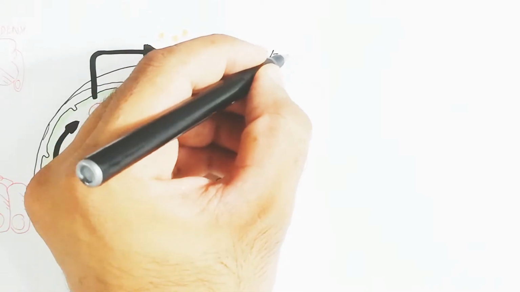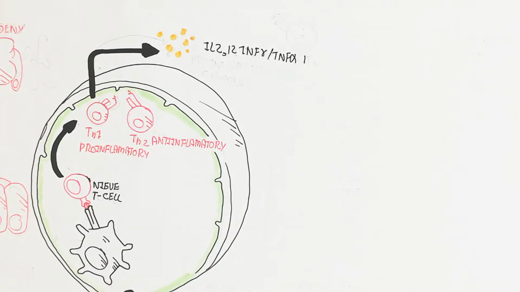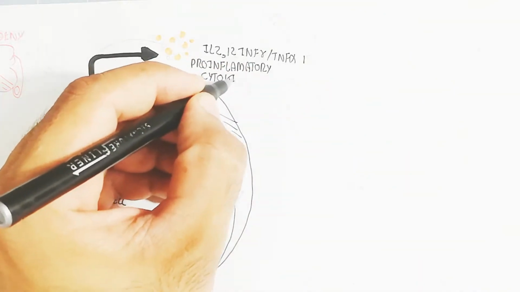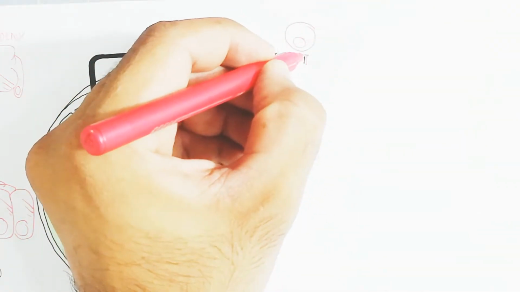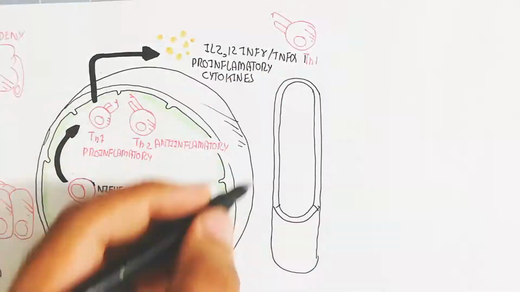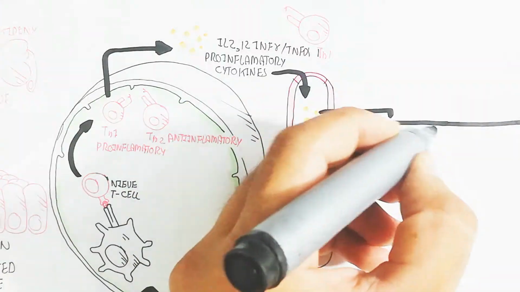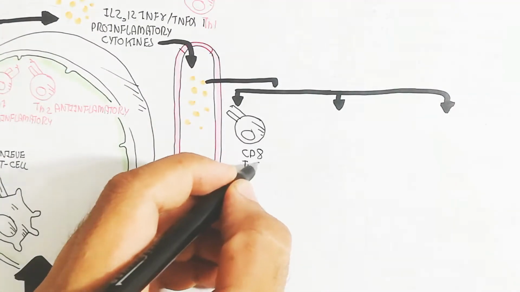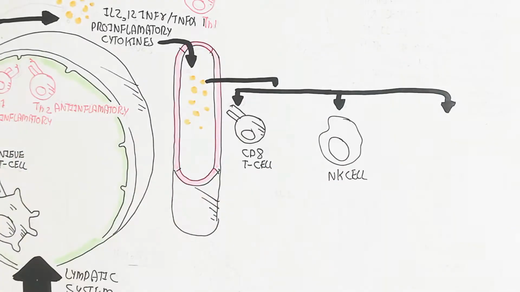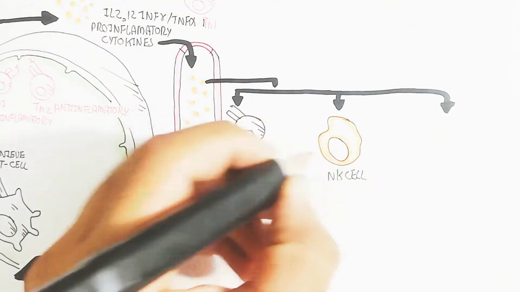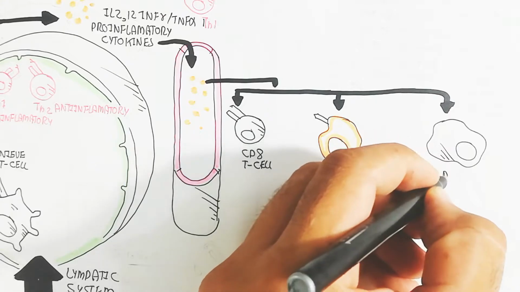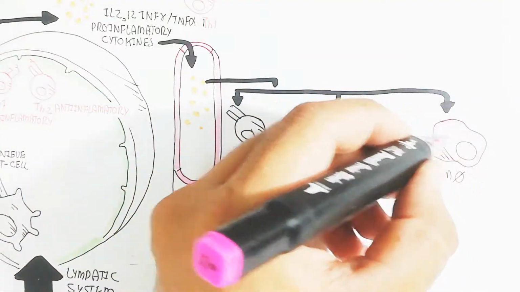The T helper 1 cell produces pro-inflammatory cytokines: interleukin 2, interleukin 12, interferon gamma, and tumor necrosis factor alpha. These pro-inflammatory cytokines go into the blood circulatory system, and the CD8 T cell, natural killer cell, and macrophage are activated via these cytokines.